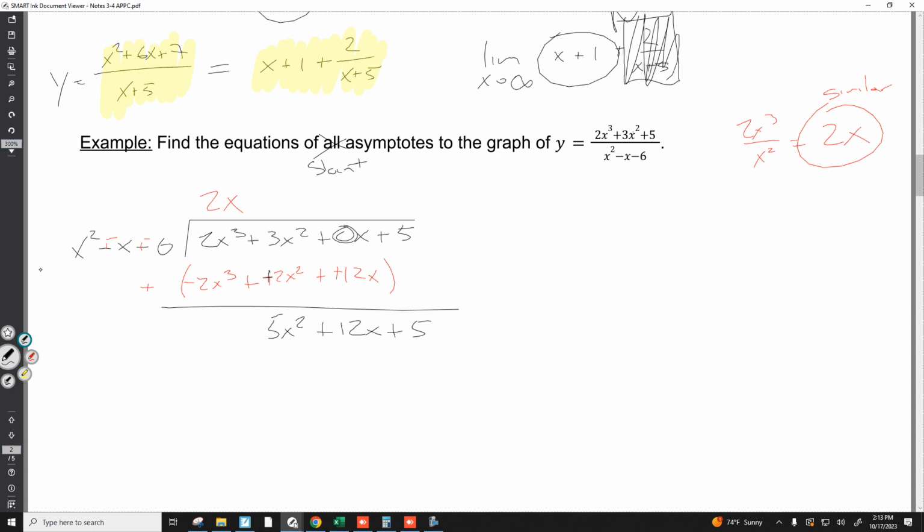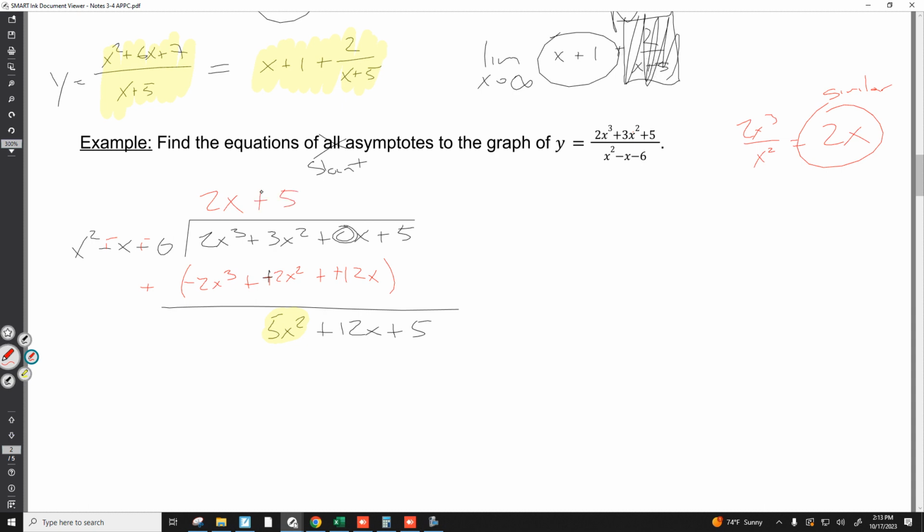Now we try to get rid of the 5x squared, just like with numbers. Okay, well, I need a, what? Distribute the negative, Ira. Oh, yeah. You would need a 5. Good, but write it as a plus 5.